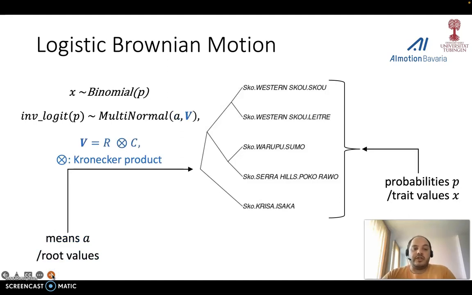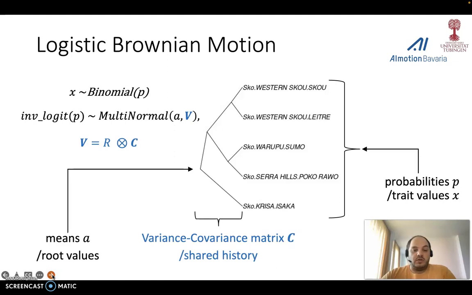And the variance-covariance matrix consists of 2 parts combined with the Kronecker product, where one, the matrix C, encodes the shared history of the families, such that families with a longer shared history have a higher covariance.